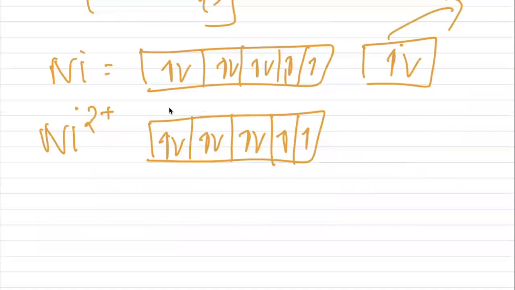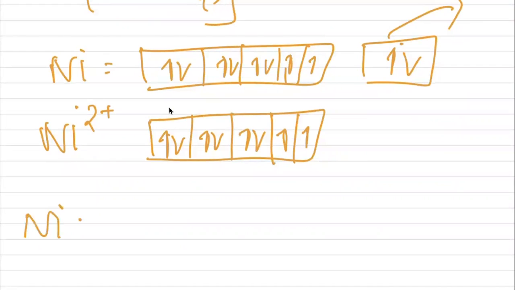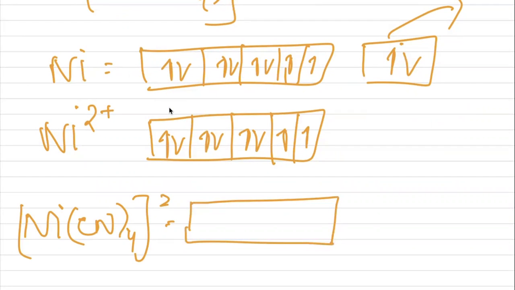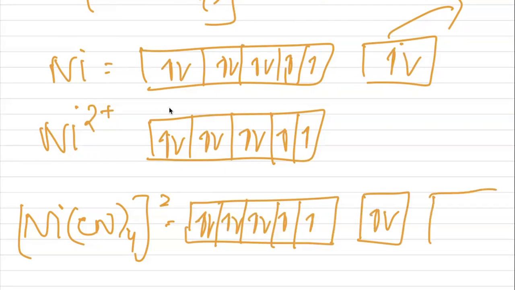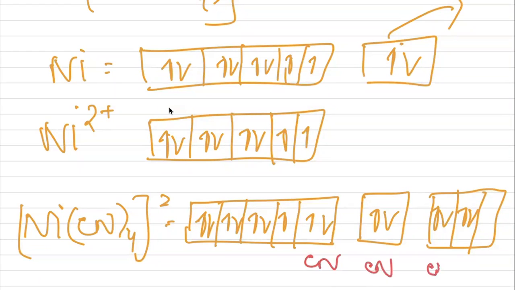Now in the case of Ni(CN)4 2 minus, see how the hybridization takes place. Here the CN minus ions will bond, and they form bonds like this.